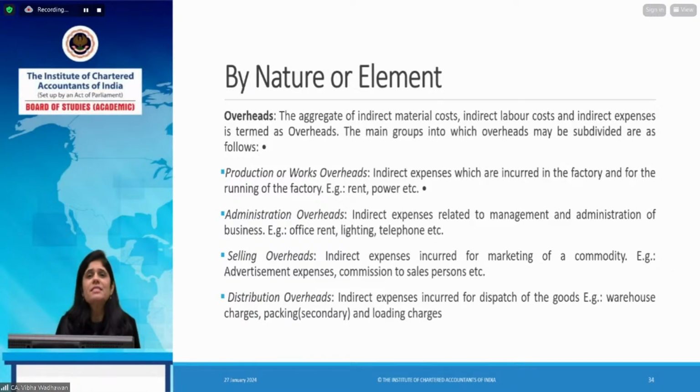You cannot exactly measure them on the product, but they are used in some way for the product only. So direct is incurred on the product. Indirect is incurred for the product. Clear? So indirect are called as overheads. So there are production, administration, selling, distribution, and R&D also. Research and development also is part of overheads, because they also are incurred for the betterment of the product only.